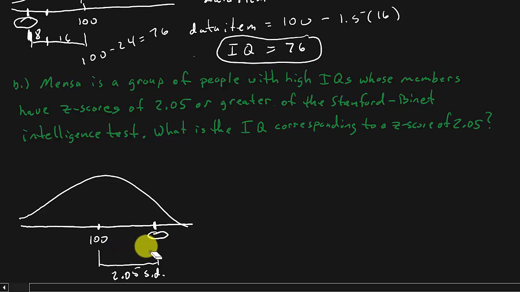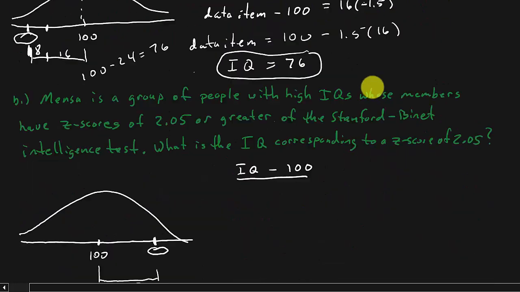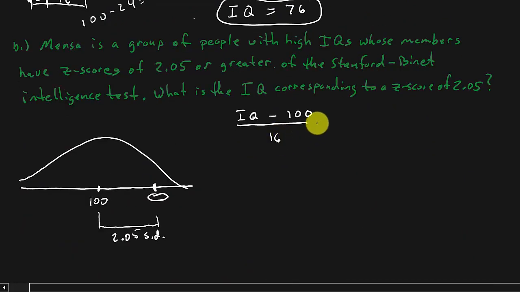So, just like in the last one, I've got my data item. For this problem, let's just call it the IQ, our IQ score. That's what it is, right? The IQ minus the mean, which is 100, over the standard deviation, which is 16, equals 2.05.